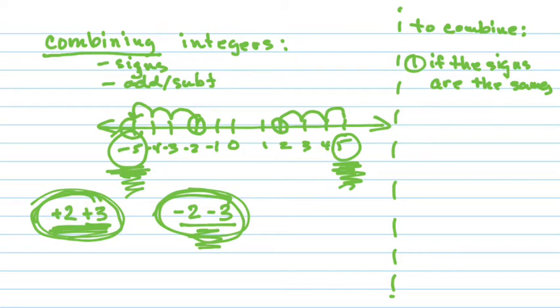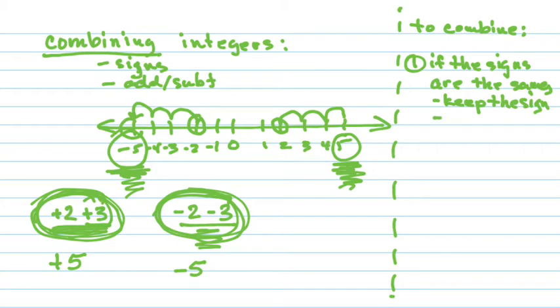If the signs are the same, then what we're going to do is, first, we're going to keep the sign. Notice that both of these were positive and our answer was a positive. Both of these were negative and our answer was a negative. So we keep the sign. Whatever sign they have, that's the sign your answer is going to be. Okay? Now, second rule.